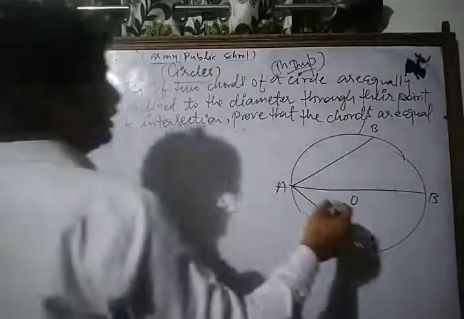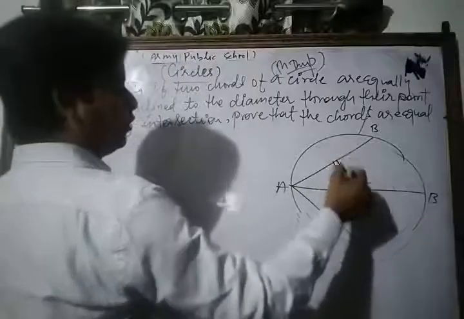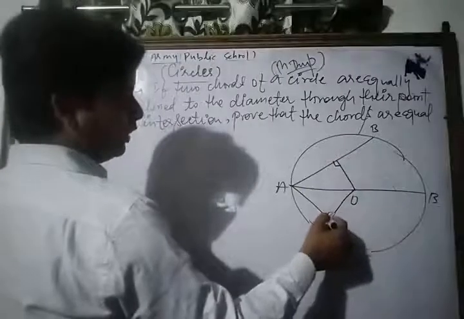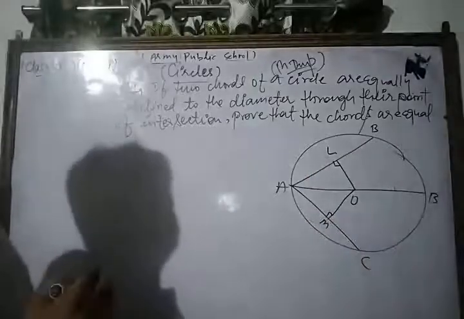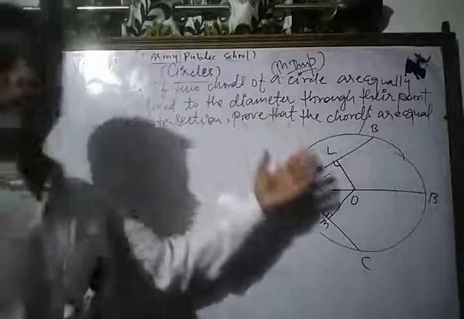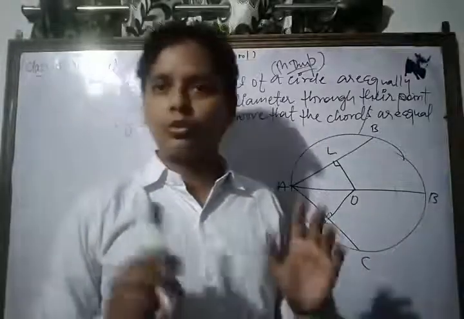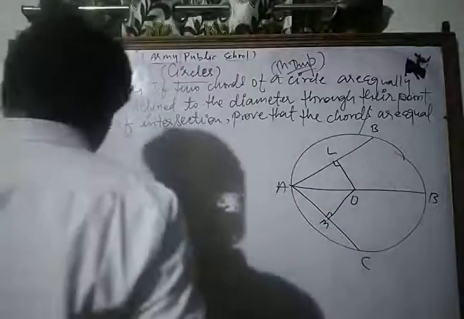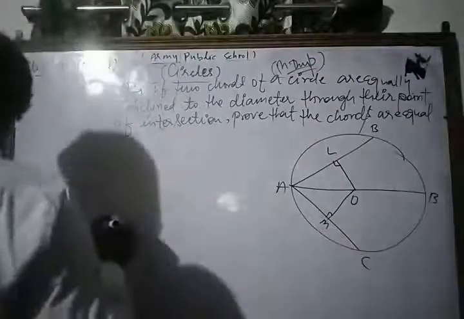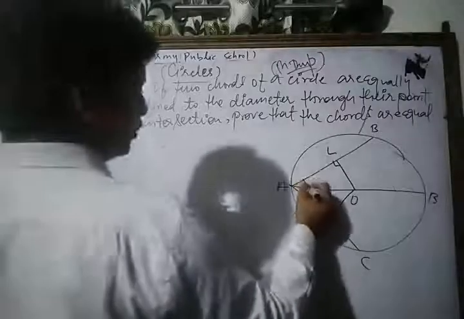Now we do some construction. We draw OL and OM perpendicular to the chords, because the distance from the center to a chord is always perpendicular and bisects it into two equal parts. So here we apply that concept. Now this angle is equal to that angle because the chords are equally inclined.